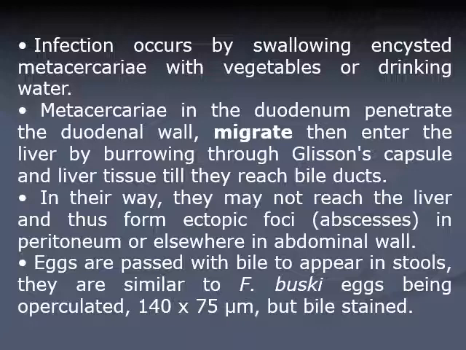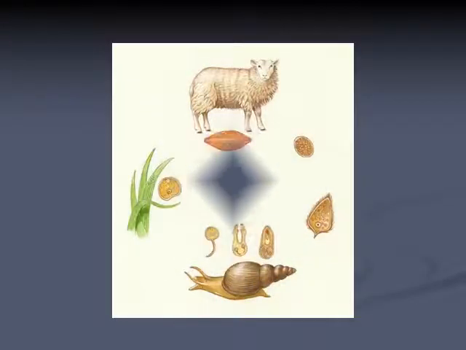They are similar to Fasciolopsis buski eggs, being operculated, 140 by 75 micrometer, but they have bile stain. They are golden yellow. This is the life cycle of Fasciola hepatica.